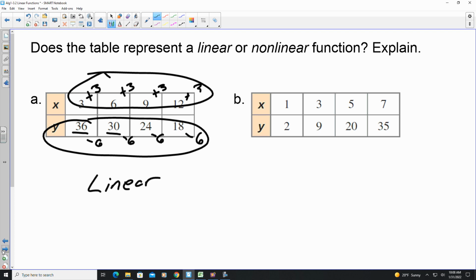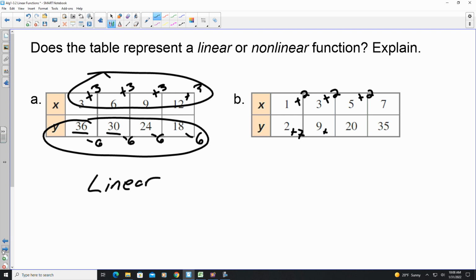So looking at example B, I do find that there is consistency in the x. If I add 2, I add 2, I add 2, there's consistency there with the x coordinates. Now, if I look at the y coordinates, between 2, I would have to add 7 to get to 9.